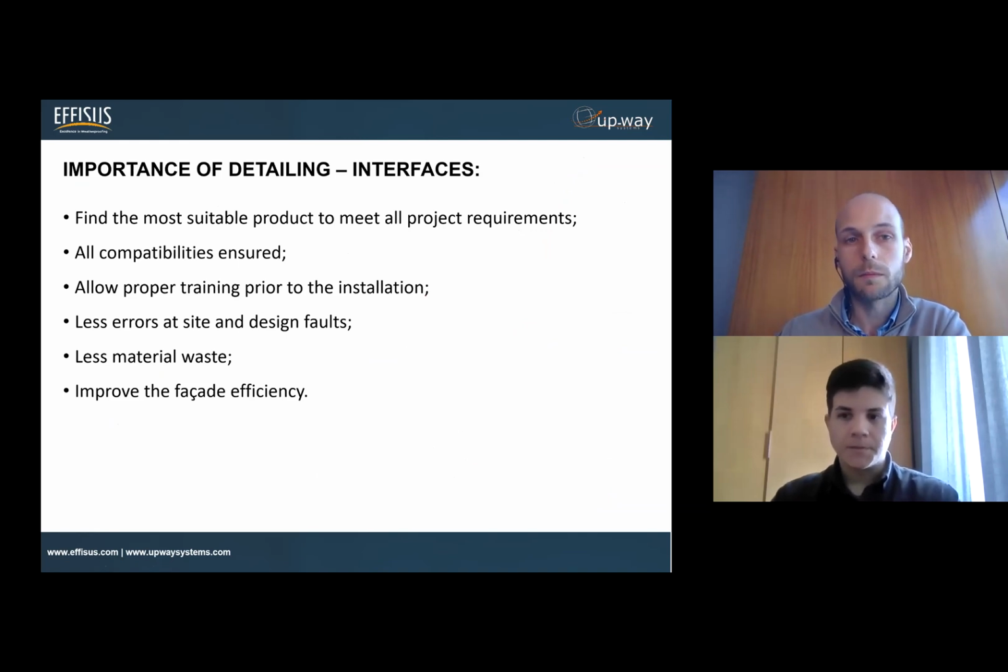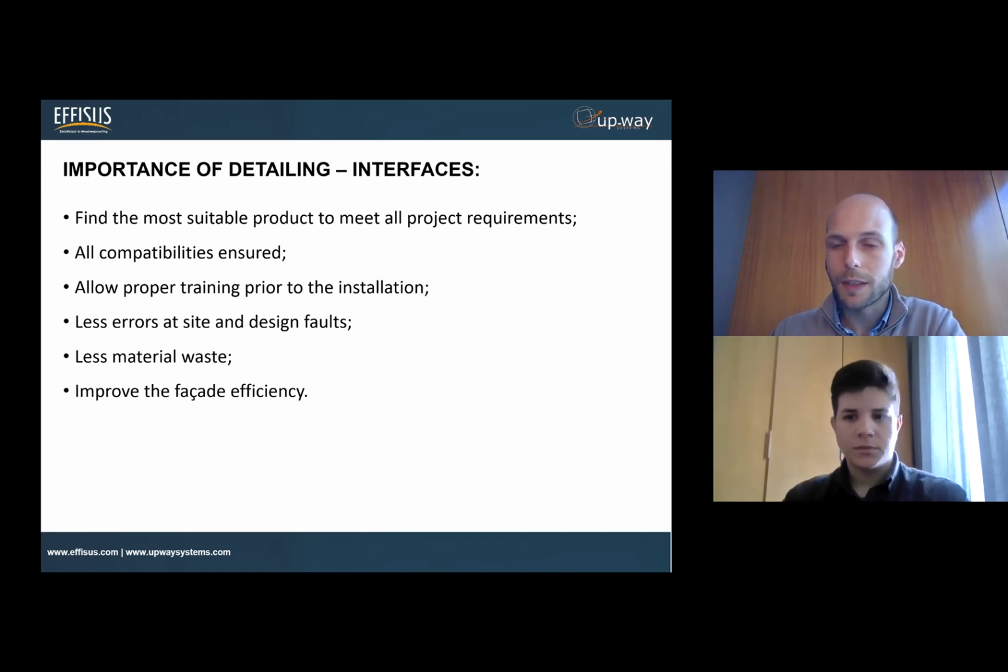can to the project. And just as we're about to finish, I would like just to highlight again the main advantage of detailing when regarding interfaces.